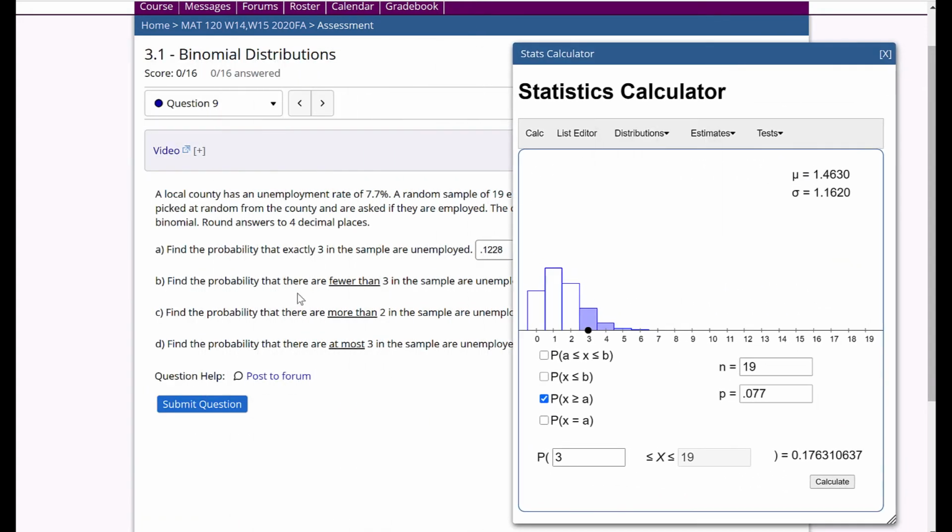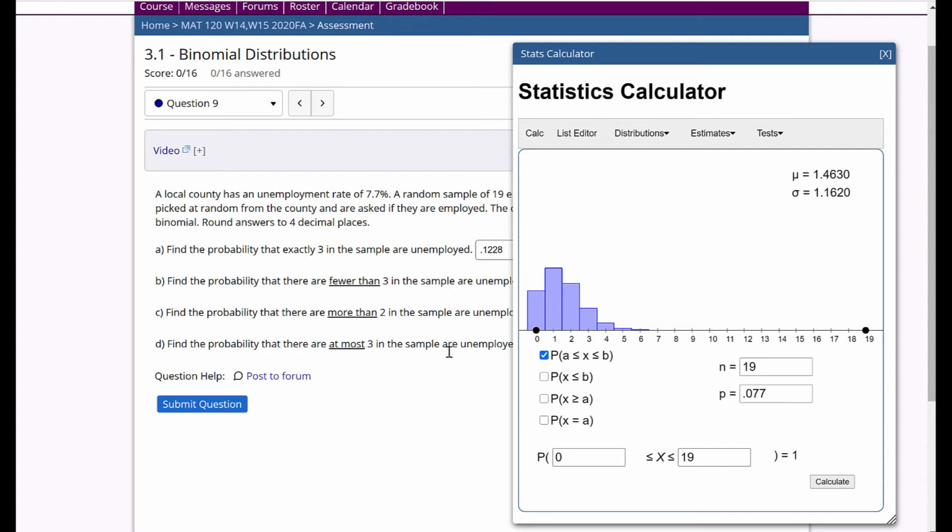And find the probability there are at most 3 in the sample that are unemployed. So at most 3. Tell you what, at this point, I'm going to switch and I'm going to do a between. And if we want at most 3, we just need to change these points in order to make that make sense. So let's see.